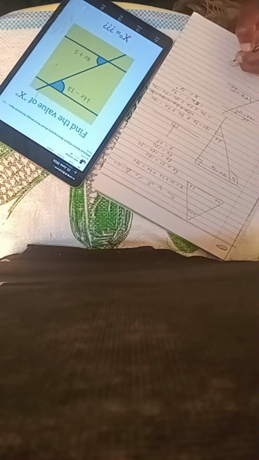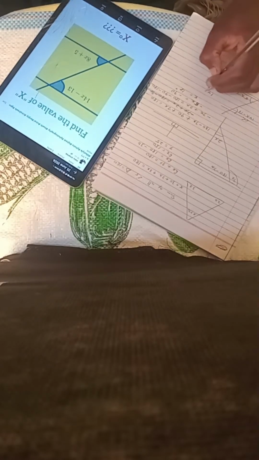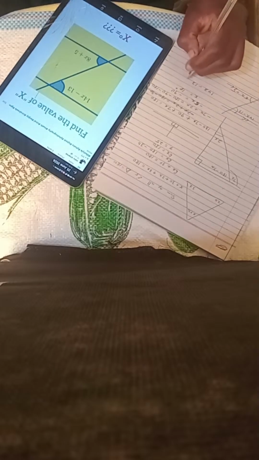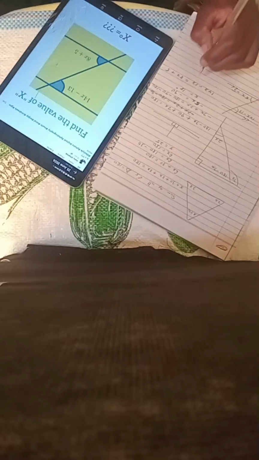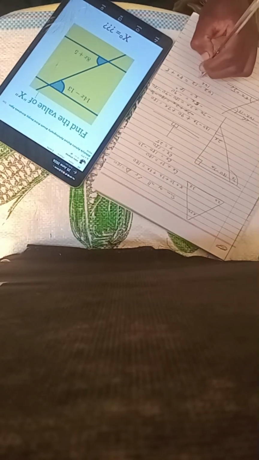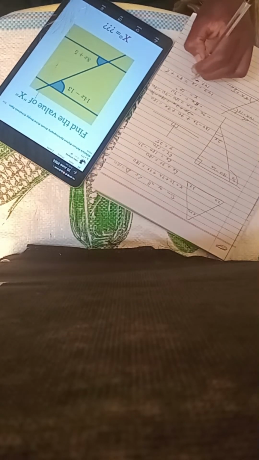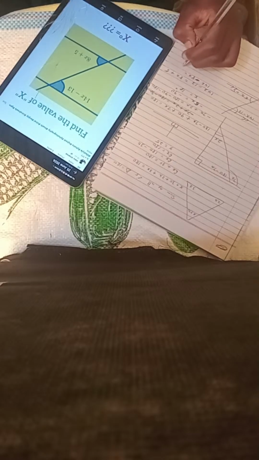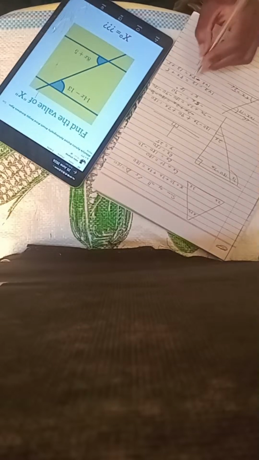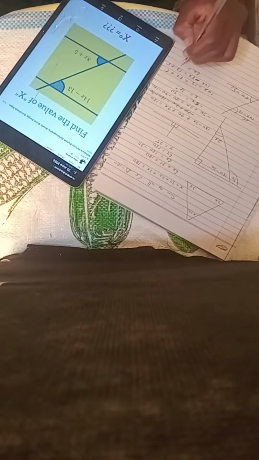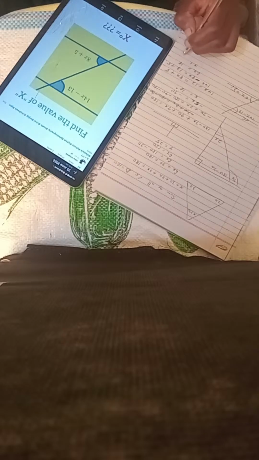If these two are parallel, therefore 14x minus 13 should be equal to 8x plus 5. Therefore 14x minus 8x should be equal to 13 plus 5, which makes 6x equal to 18, then x is equal to 3.